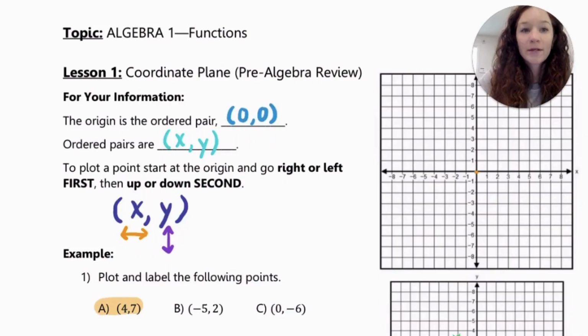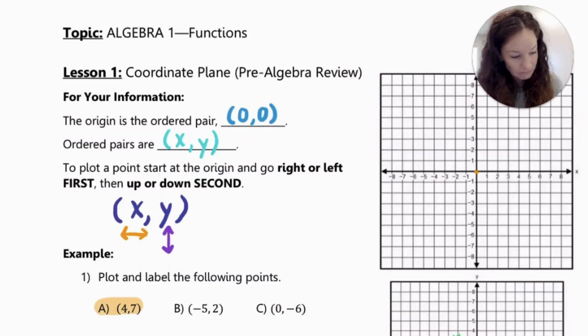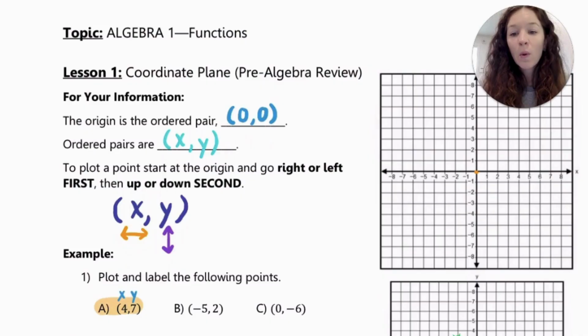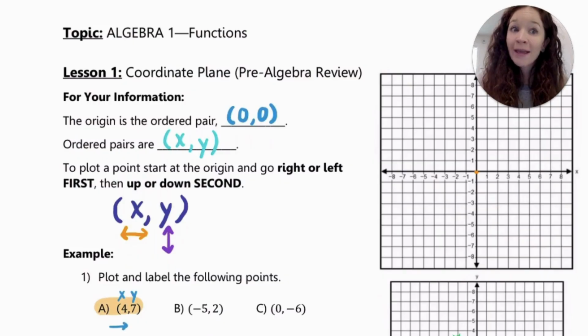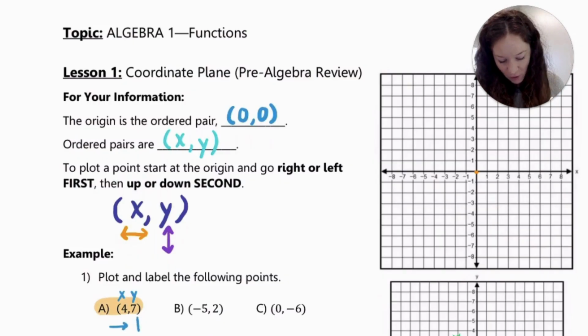That's where we're always going to start traveling from. Now our x is 4 and our y is 7. It's positive 4, so we're going to travel to the right 4. And our y is positive 7, so we're going to travel up 7.